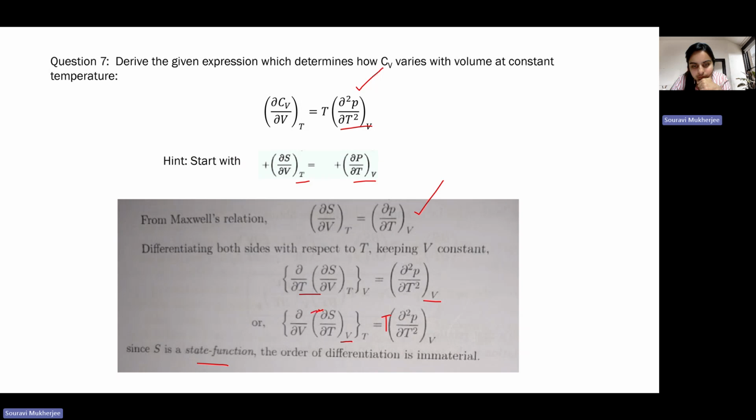If you have a T here, so T dS dT at constant volume, this term would be your CV, right? So what you are getting here is del V of CV at constant temperature, which is again your left hand side. So that's how you can prove it. The only thing that changed was, based on the equation, you had to choose the starting Maxwell's relation accordingly.